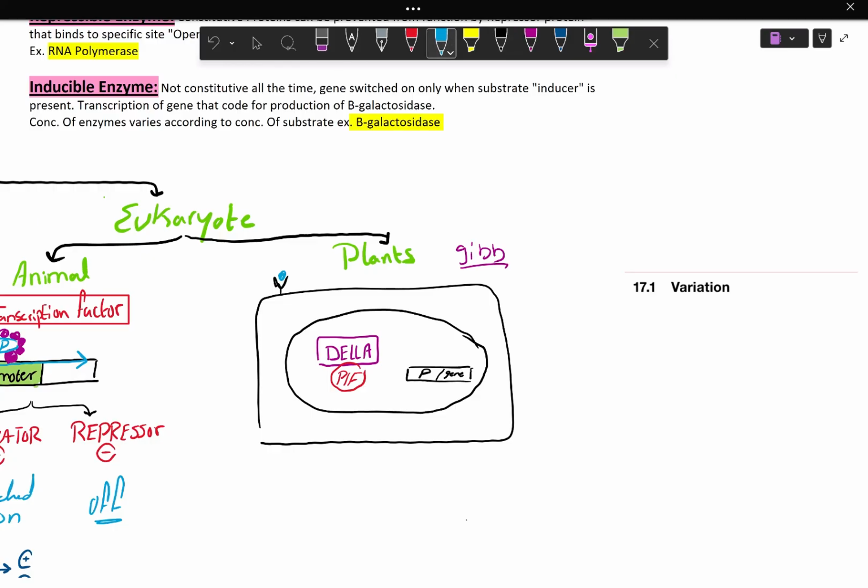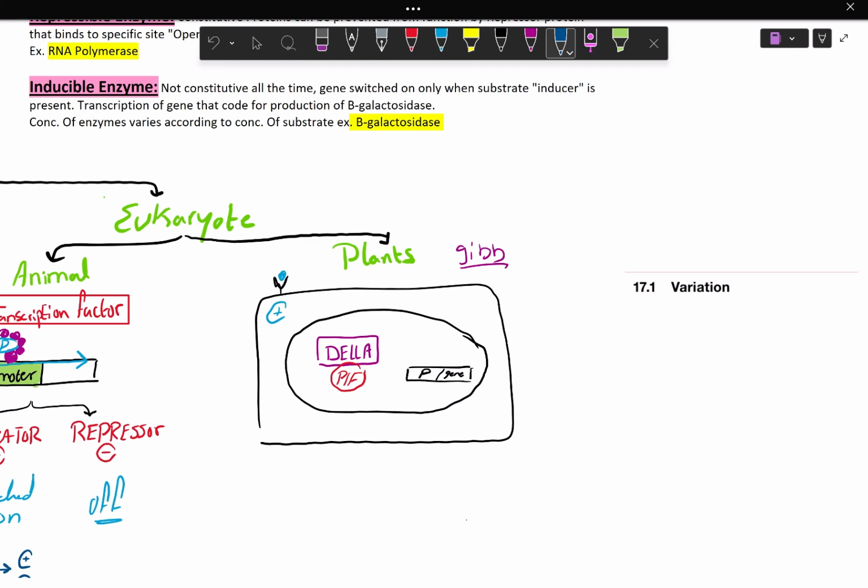The gibberellin does not enter the cell, but it activates an enzyme cascade that sends enzymes into the nucleus to destroy the DELLA protein. So what is the DELLA protein? The DELLA protein is a repressor protein that binds on PIF, which is a transcription factor. As long as the DELLA protein is bound, the PIF cannot do its function.